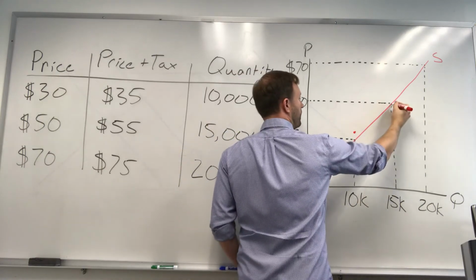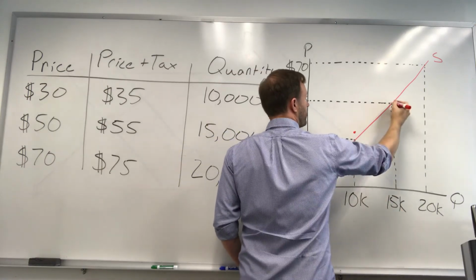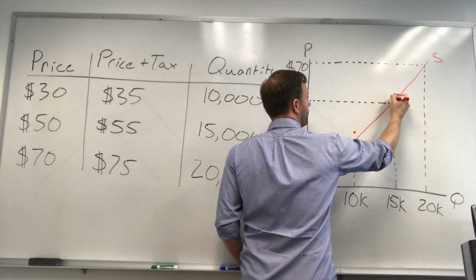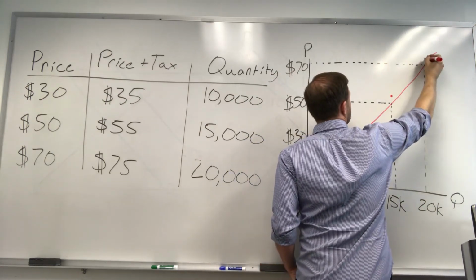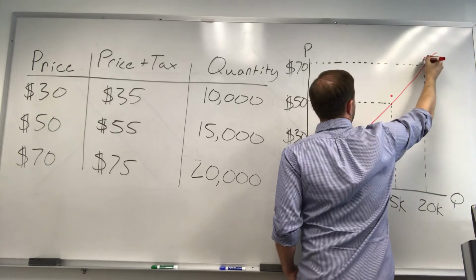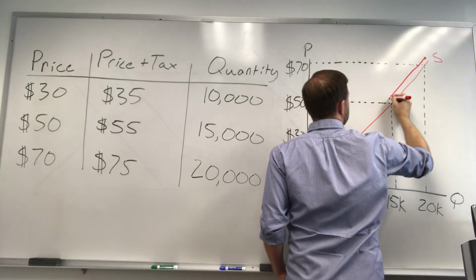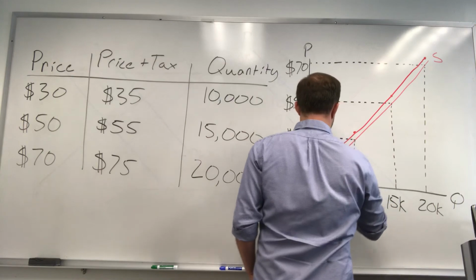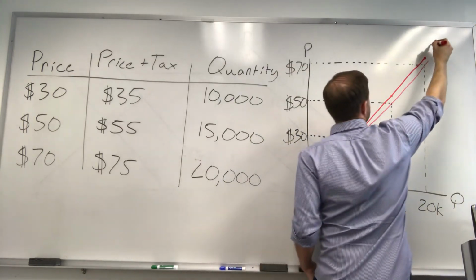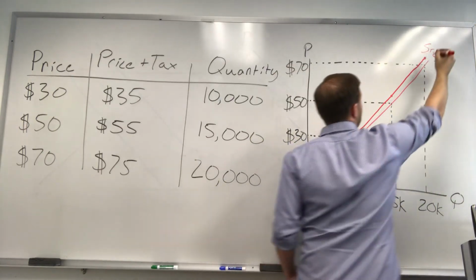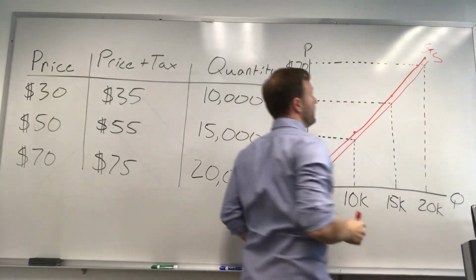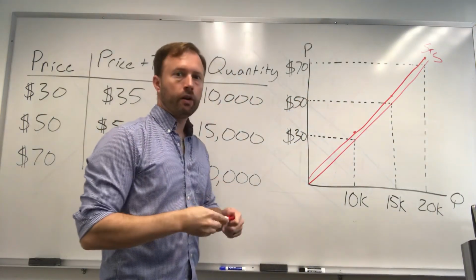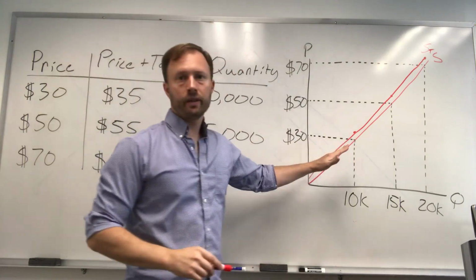And if it was $50 for 15,000 pounds, that's going to go up to $55, and $70 turns into $75. And now we connect those dots with each other, and this is our new supply curve, which I'm calling ST. S with a T subscript, that is the supply curve when there is a tax attached to it.